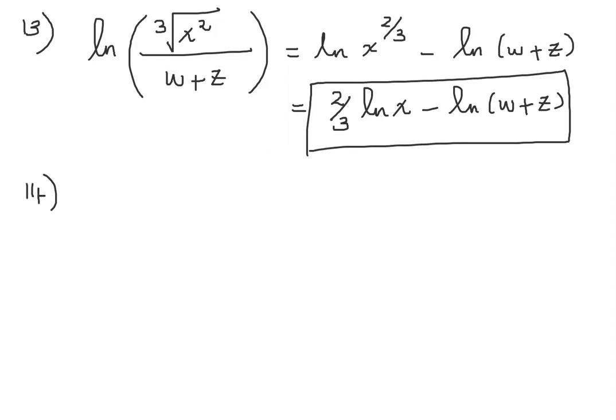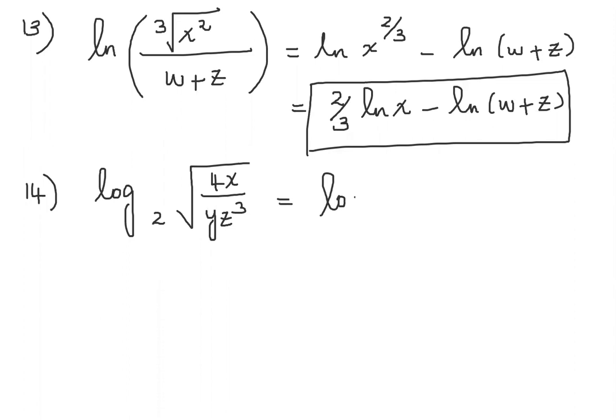So we can see number 14, we have log square root of 4x over y z to the third with base 2. So we have a lot of things we have to apply. So let's first remove the radical by writing as an exponent.